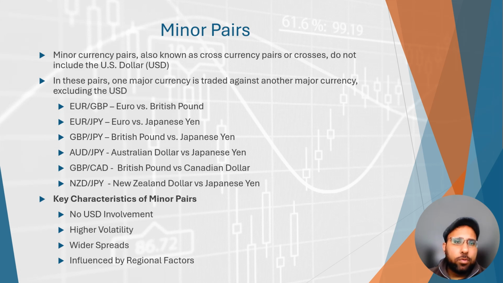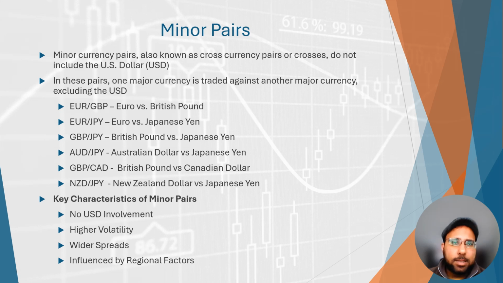You're going to have euro, Australian dollar. Again, keep a close eye on raw materials, commodity prices, because that is what will influence the price of Australian dollar. Then you've got sterling against Canadian dollar. Canada is more influenced by oil prices.